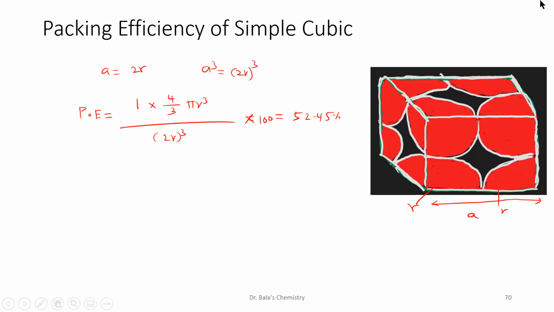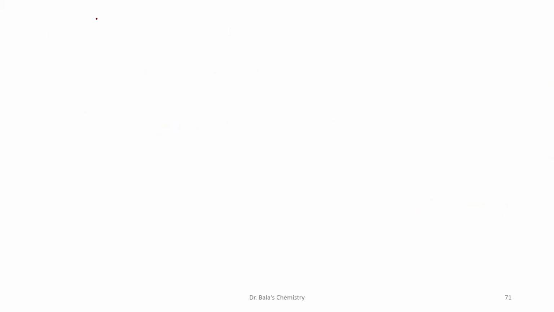And the next one is the formula of a compound, which we already calculated. And next one is the density and dimensions of unit cell. How do we calculate the dimensions of unit cell?